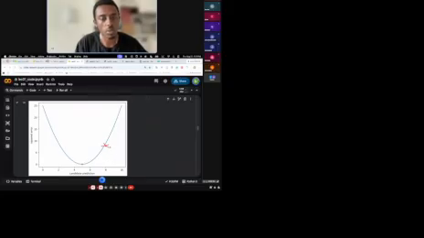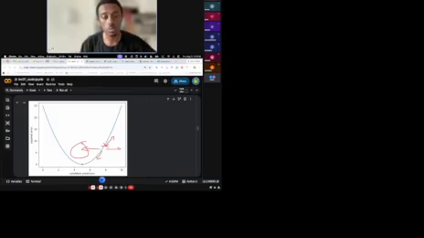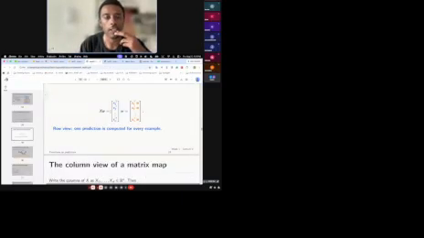So basically it tells us that if we change the parameter in this direction, the loss goes up, therefore if we change the parameter in this other direction, the loss goes down. So it tells us which direction we should change our parameter so that our loss will be lower. So that's how we learn.